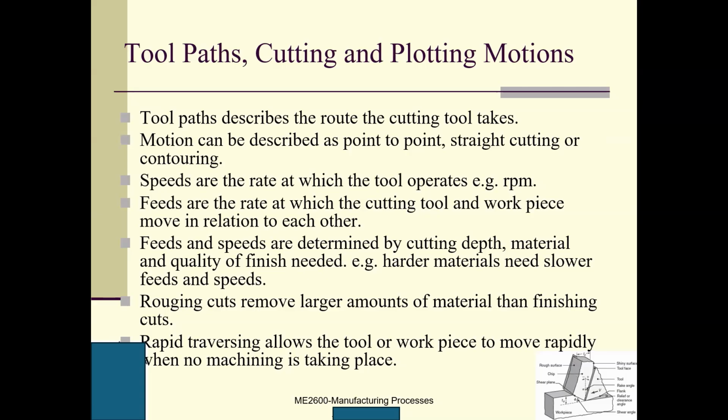Roughing cuts remove larger amounts of material than finishing cuts. Rapid traversing allows the tool or workpiece to move rapidly when no machining is taking place. Rapid is a transfer from one point to another point without machining, and you can just move the tool very quickly.